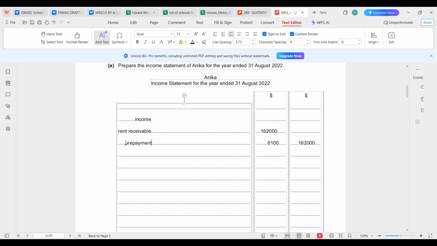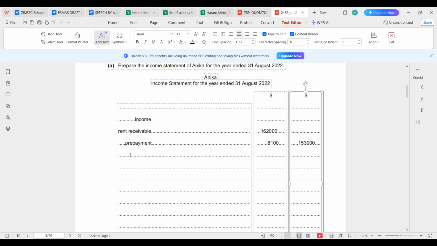So it has to be deducted. If you have your calculator close by, you should be able to calculate and see what we get there. If you say 162,000 minus 8,100, you get 153,900. So you see, that's what you actually have to do.